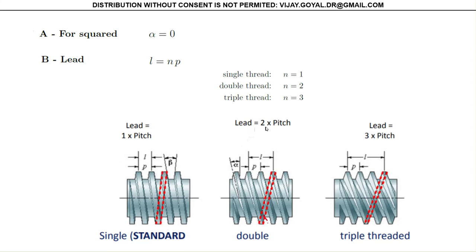If the lead is 2 times the pitch, when you make one turn, you will move 2 pitches. It goes from one thread to 2 threads, and 3 pitches means it goes to 3 threads. So you can call this N. In general, lead is equal to N times P, where in one turn, this is the number of threads that are engaged.